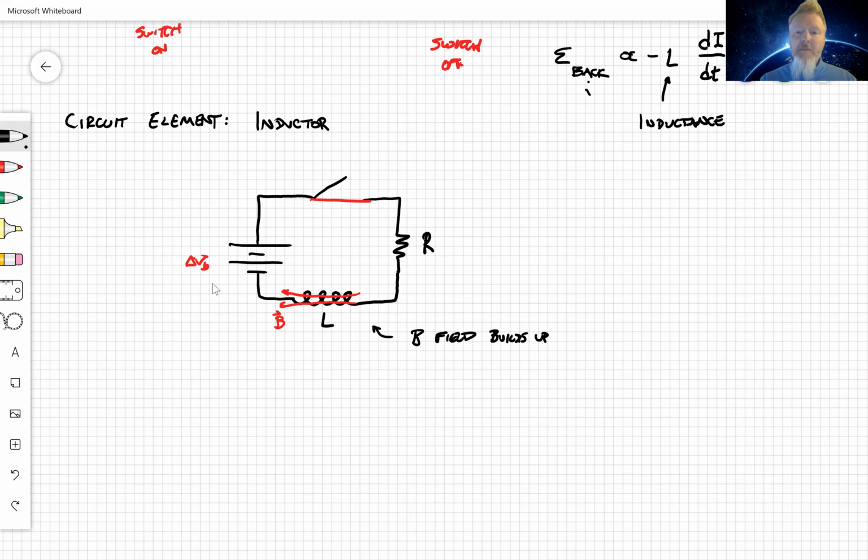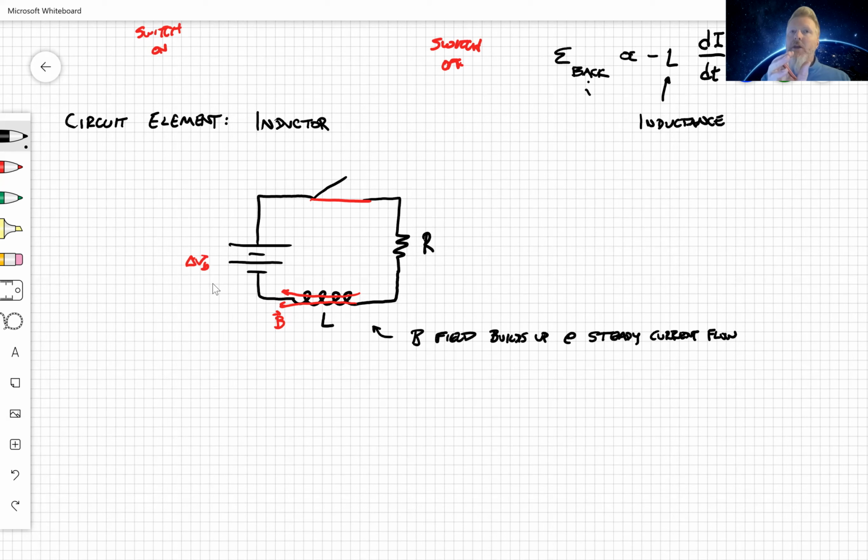B field builds up at steady current. Okay. So the B field comes up at a steady current flow and it just sits there, right? Just as if a capacitor had an E field sitting there, right? You could charge the capacitor up and then you'd have an electric field there.